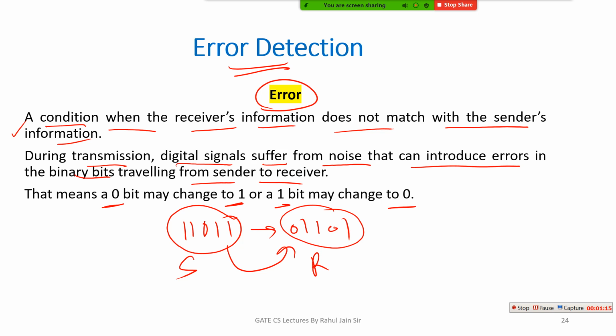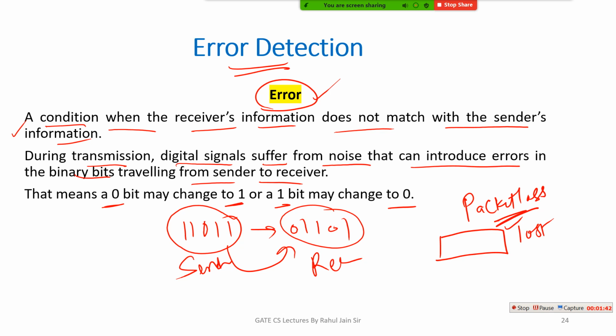So this kind of error which you get between sender and receiver is termed an error. It is a basic definitional point of view. Now there are two types of things. One is packet loss. Suppose your packet is there and this packet is lost.